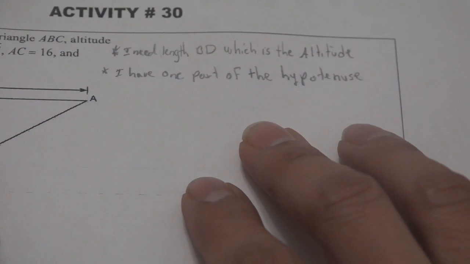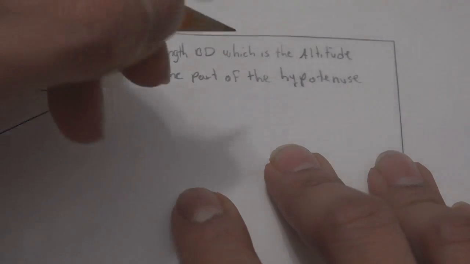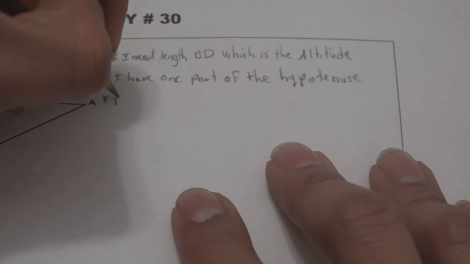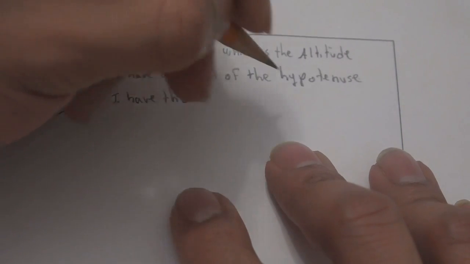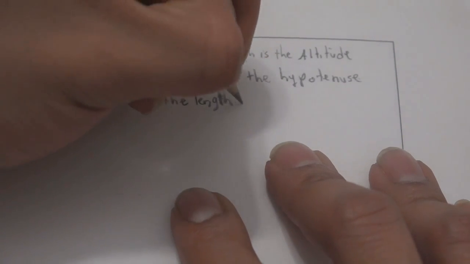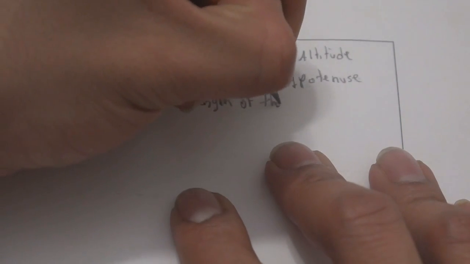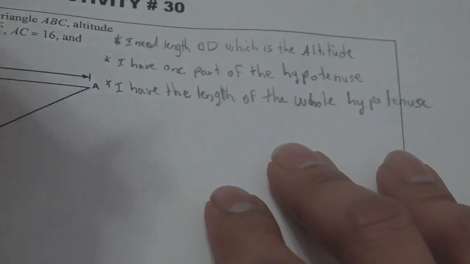What else? Well, now you're going to write, I have the length of the whole hypotenuse, which is 16. Listen, I'm dictating you, okay?